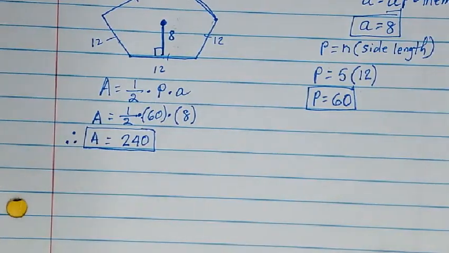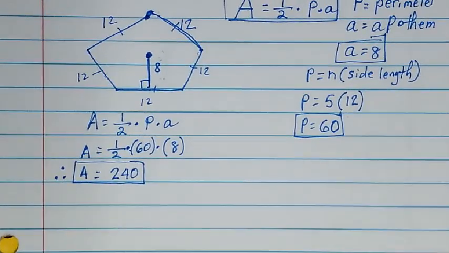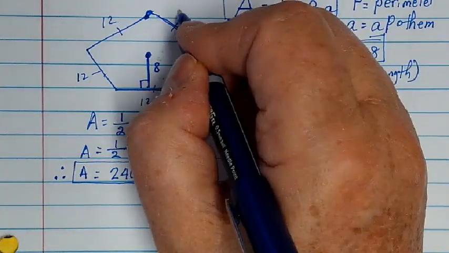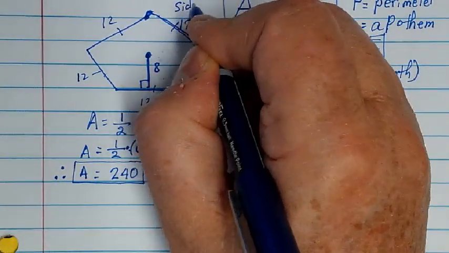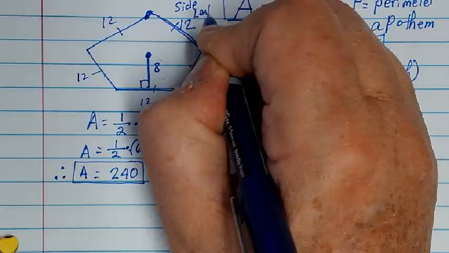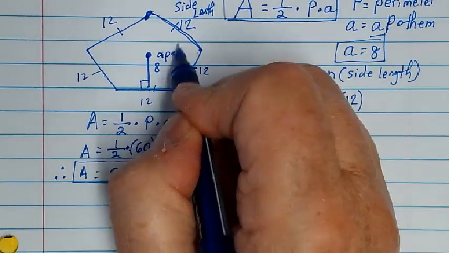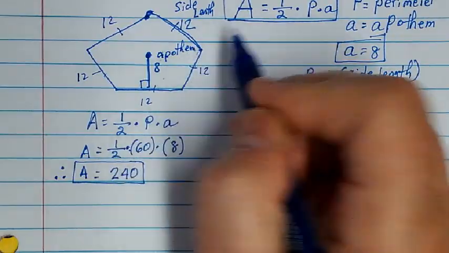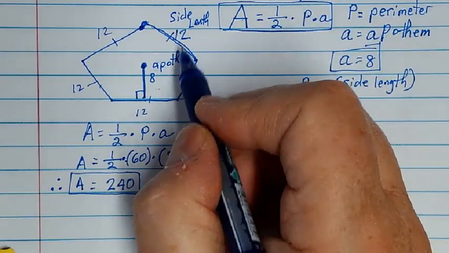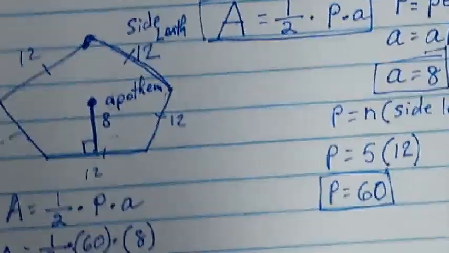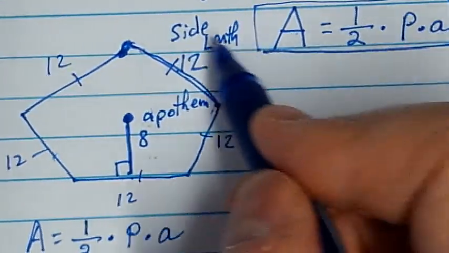And that is how you find the area of a regular polygon when they give you the side length and they give you the apothem. They gave me the side length.